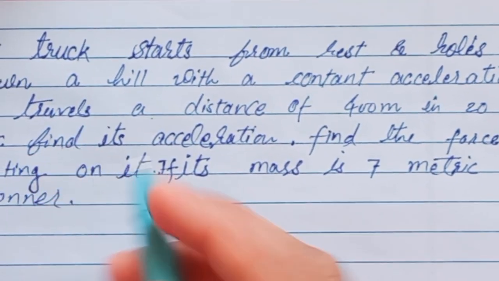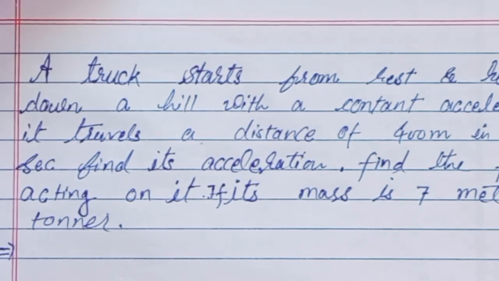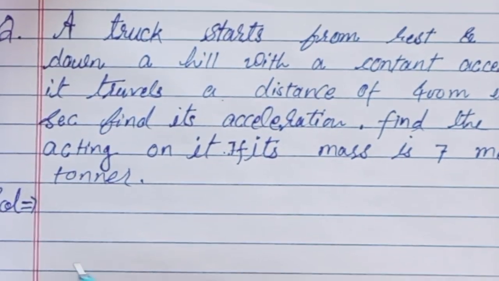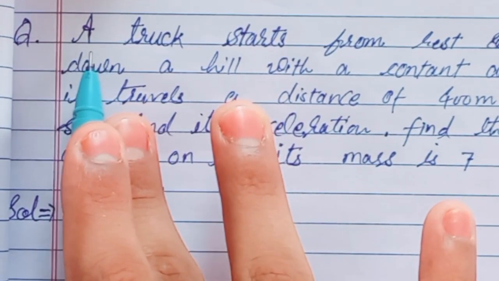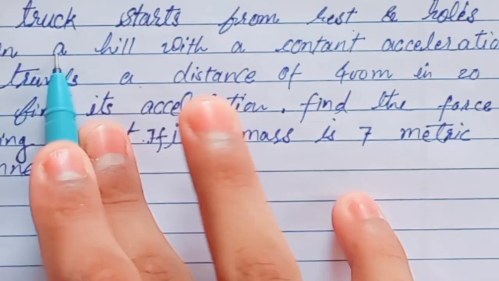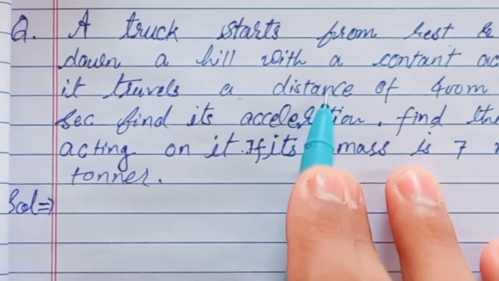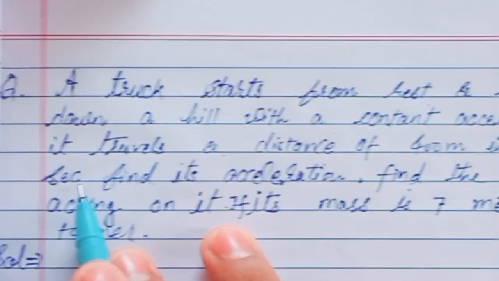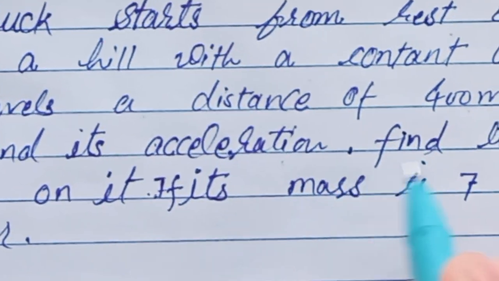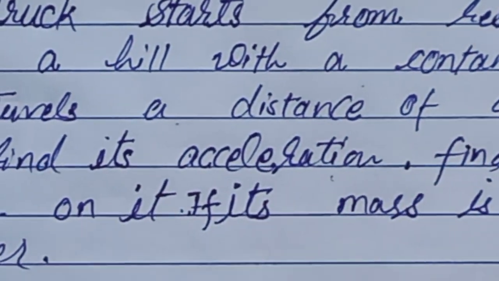So here we have a question and we can solve it by using the three equations of motion which we learned in the previous chapter. The question is: a truck starts from rest and rolls down a hill with a constant acceleration. It travels a distance of 400 meters in 20 seconds. Find its acceleration. Find the force acting on it if its mass is 7 metric tons.